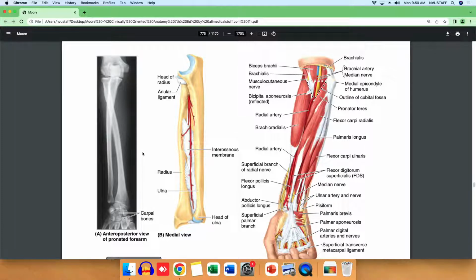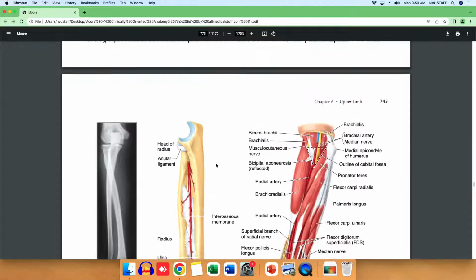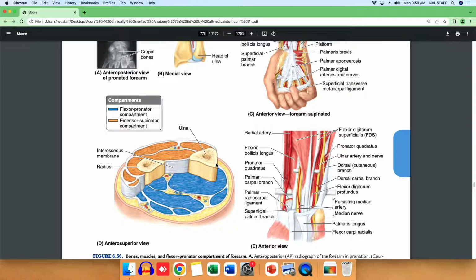That's why the anterior compartment is known as flexor pronator compartment. Vice versa happens in the case of the posterior compartment. Besides extension, you will have supination as well. So this region is also known as the extensor supinator compartment, which is very well seen here.